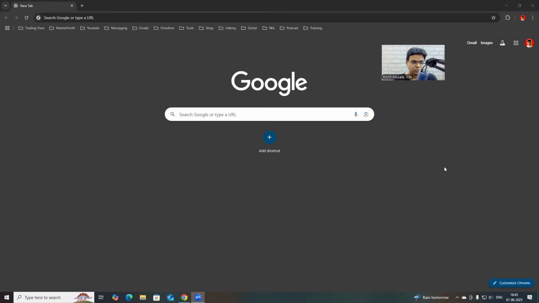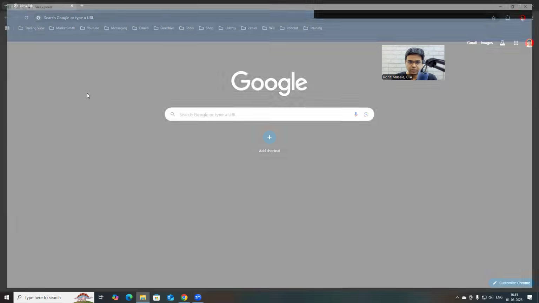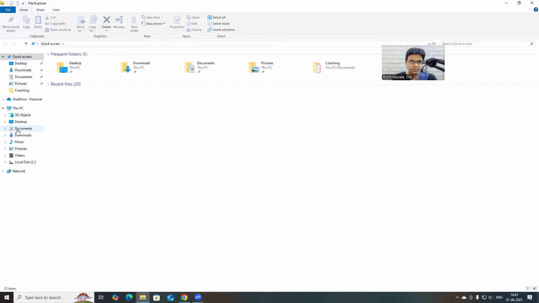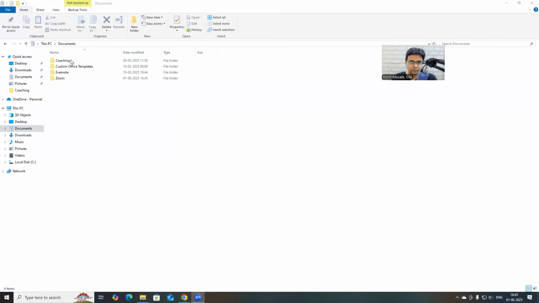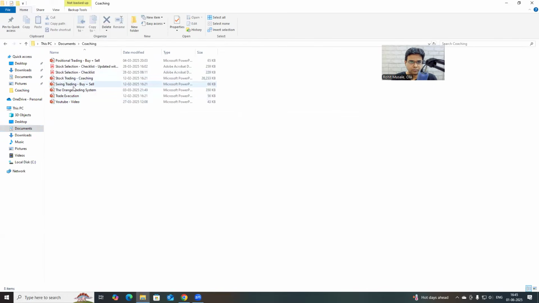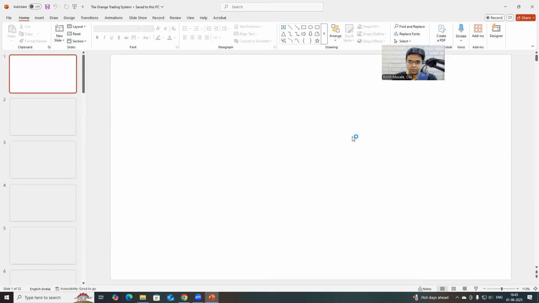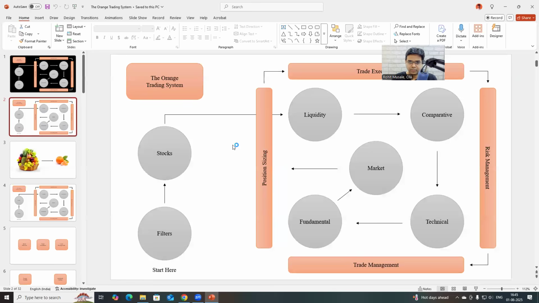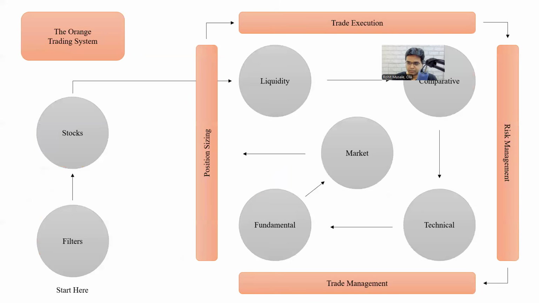There is a direct correlation between risk and filters. So for example, if you look at the orange trading system that I have created, this is a framework, right?